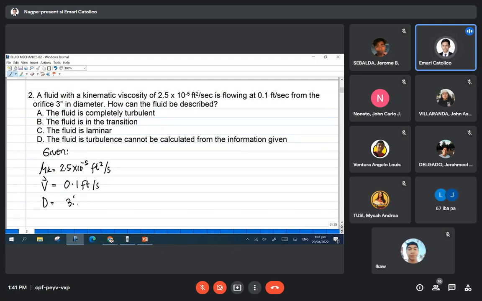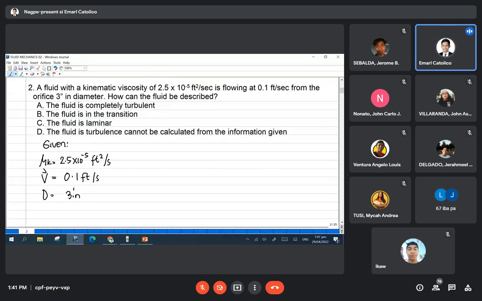So number 2 falls under elements, but you will use solving to get the answer. We will use the Reynolds number to determine what type of flow our fluid has. Reynolds number is equal to velocity times diameter over kinematic viscosity.